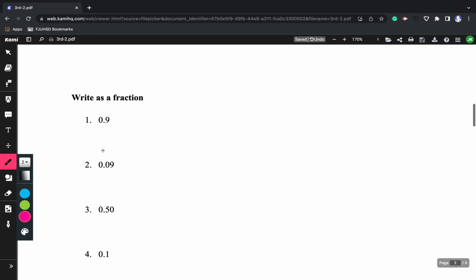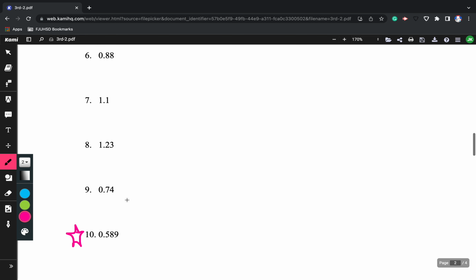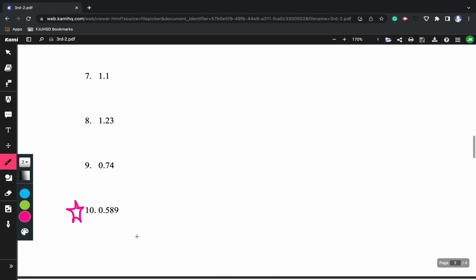Okay, moving on. This time we're going to write decimals as fractions. So let's look at number 10. Number 10 is asking for 0.589, or 589 thousandths.